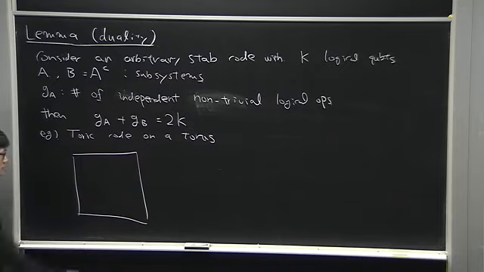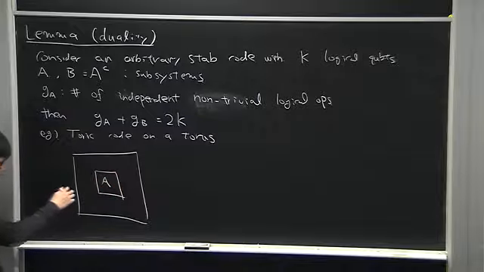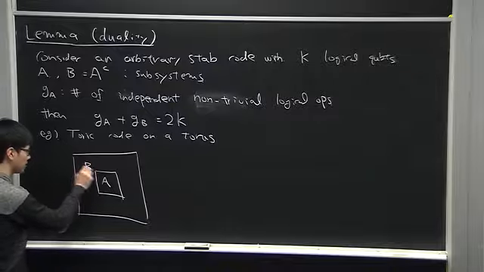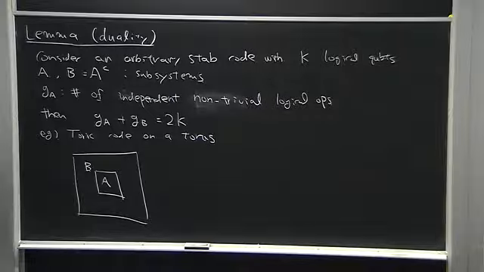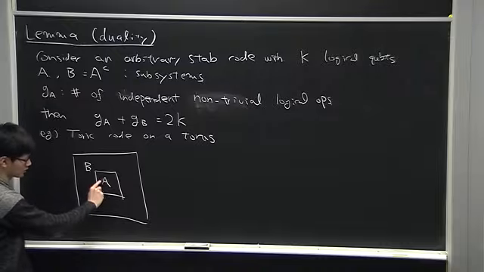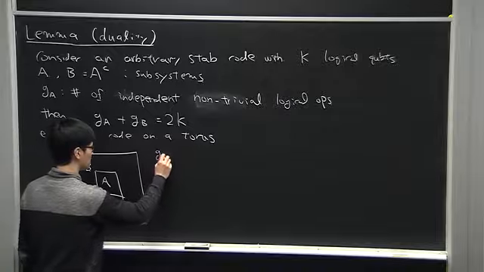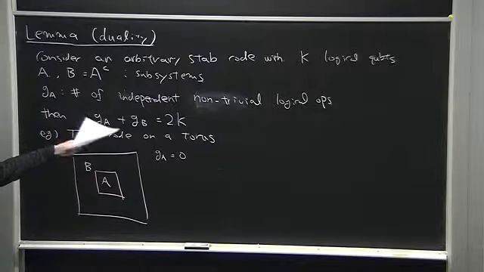And suppose that we pick some trivial region which can be shrunk to a point, and its complement. Then we say that A does not support any logical operator because this is topologically trivial, and the logical operator needs to wrap around the torus. This means that G_A will be equal to 0. Here we are counting non-trivial logical operators, so the identity operator is not counted.